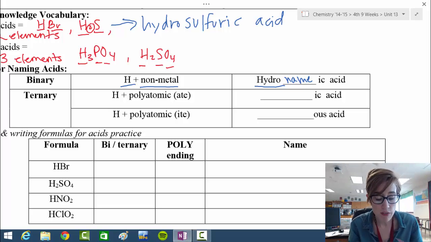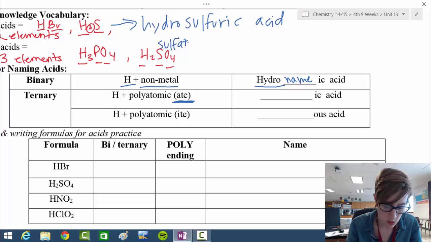If we have a ternary acid, there are 2 types. There's a ternary acid where H is with a polyatomic that ends in ate, like this one. This is sulfate. Or you can have H with a polyatomic that ends in ite. This would be an example of one, H2SO3. That's called sulfite.